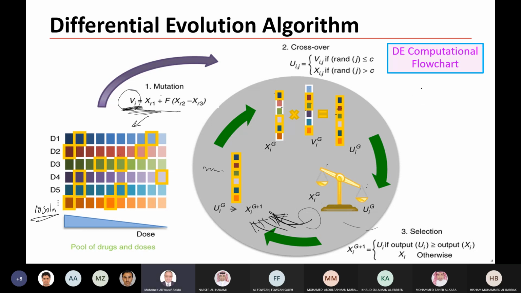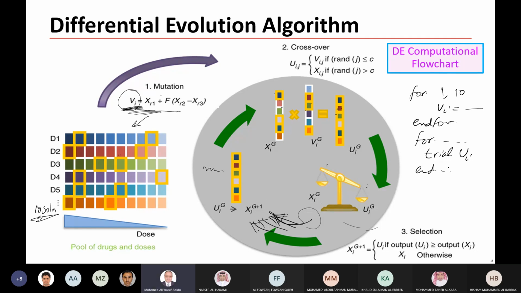You can do, for example, a for loop from 1 to 10, say here 10 solutions, to do Vi, and then end for. You create here the mutation, and then you start another for loop to do the trial solution. You create a trial solution, end for.